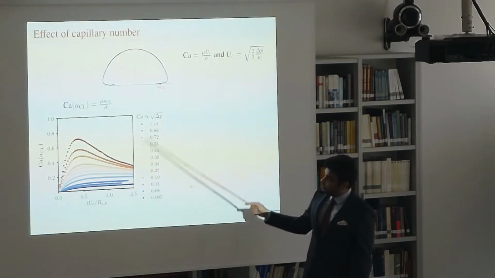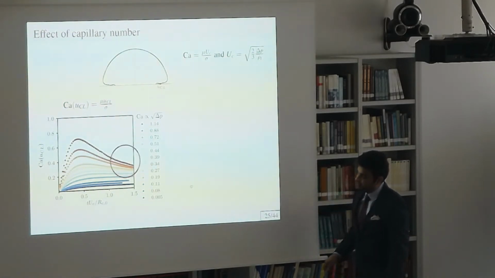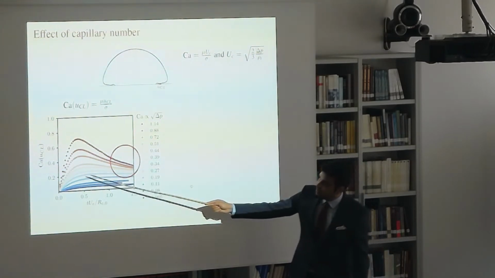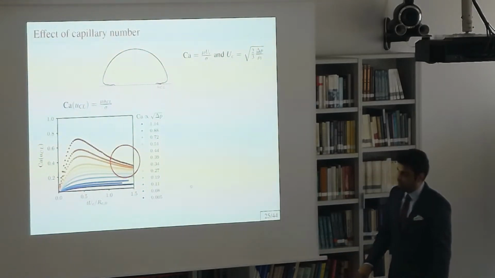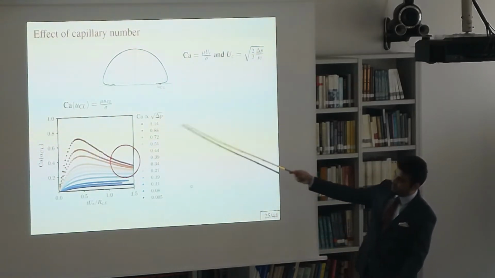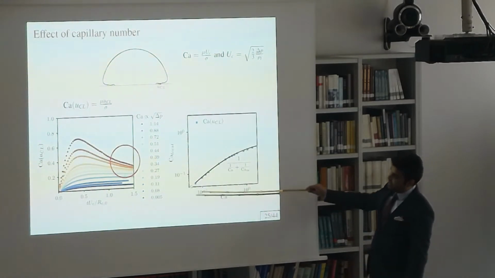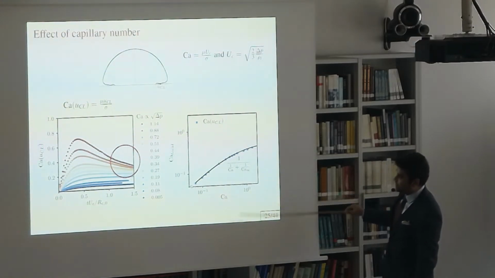And here I show you the local capillary number as a function of global capillary number. And we see that there is a sort of convergence that is reached, and the contact line capillary number doesn't increase as much with the global capillary number, which is more clear if I now plot the contact line capillary number as a function of global capillary number.